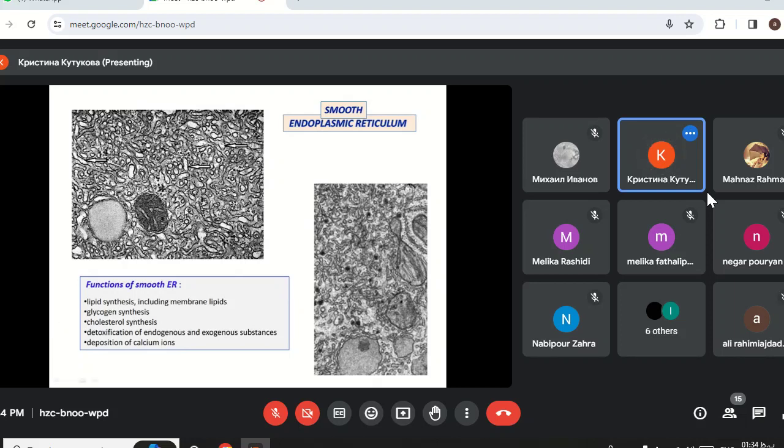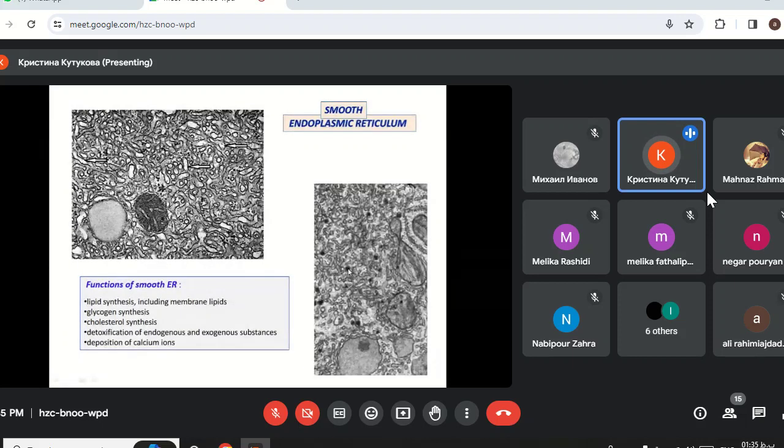So also the membranes of smooth endoplasmic reticulum contain lipids produced by this organelle itself. Phospholipids of every membrane are produced in smooth endoplasmic reticulum. Next, glycogen synthesis, not in every cell, but in some cells, for example, the cells of liver, which synthesize glycogen and store it.